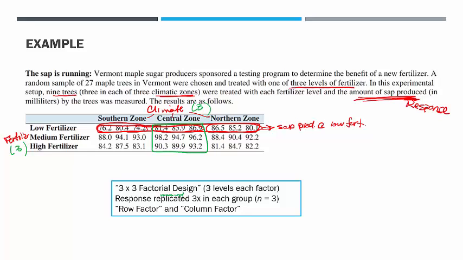The response was measured 3 times in each group. Right here, for example, this group here, right? These are 3 different trees, the sap production for 3 different trees with high fertilizer in the northern climate.